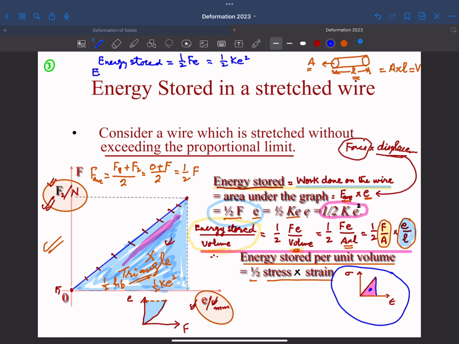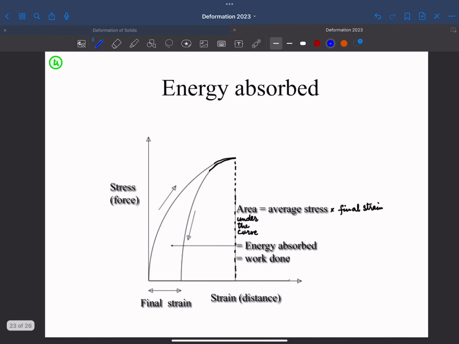On the other hand, energy stored per unit volume is nothing but half into stress into strain. So be careful when you are using stress and strain, and when you are using force into extension or spring constant into e square. So remember these two equations and you can calculate the results easily.